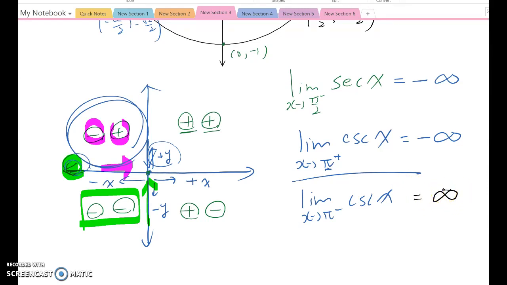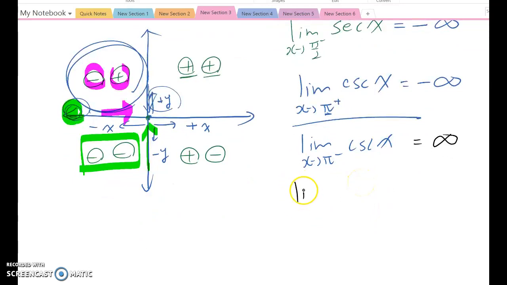So it works for tangent or cotangent like that too. Let's think about tangent. Limit x moves to 3 pi over 2 of tangent x, and it's from the positive side here. Okay, tangent x means sine over cosine. So in this case we don't care about sine, because cosine affects this limit so much.